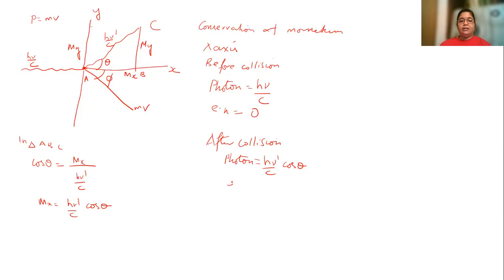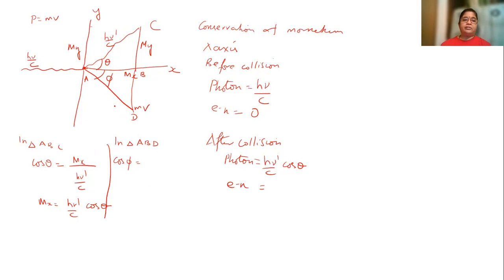Now we need the momentum of electron after collision. For that, let us draw another triangle A, B, D. So again, I need the x component of this triangle A, B, D. So let me say in triangle A, B, D, now I am concerned about cos phi. Cos phi in this triangle is again adjacent side by hypotenuse.